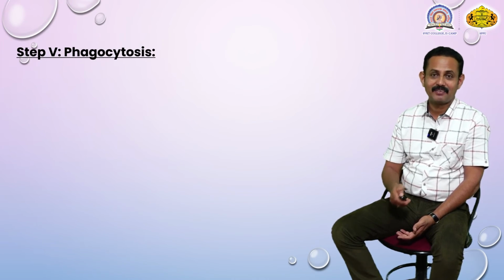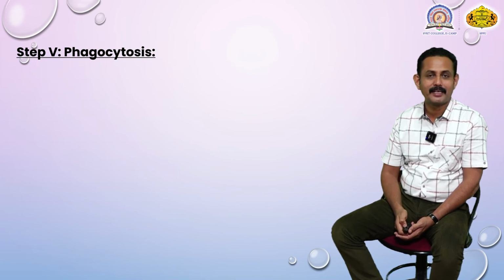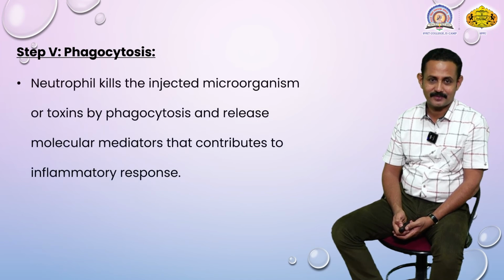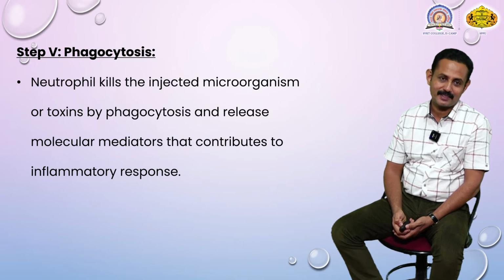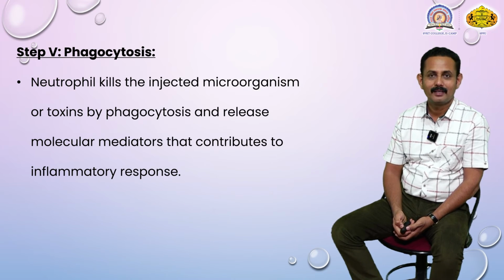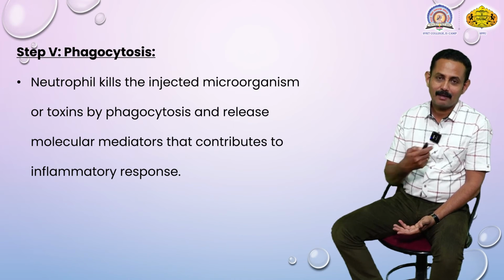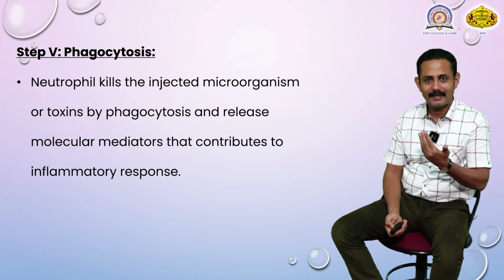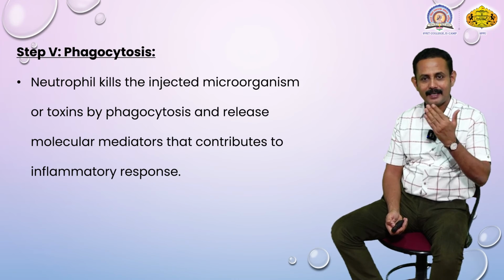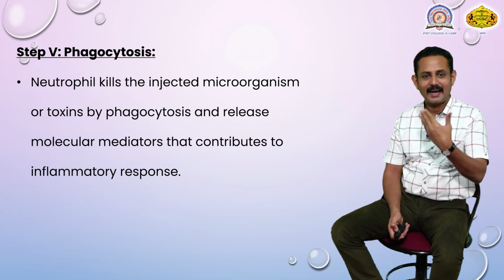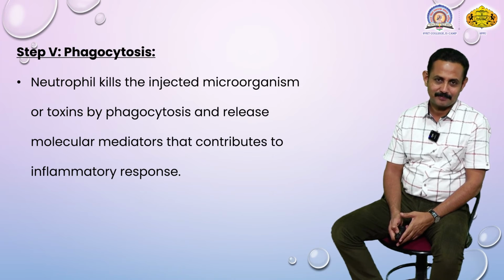And after that, when they enter the endothelium layer, what happens? The next step takes place, that is called phagocytosis. The mechanism of phagocytosis we have already discussed in our previous session. So neutrophils perform phagocytosis, they form pseudopodia, engulf the microorganism, take it in intracellularly, and in the lysosome different oxygen dependent and independent mechanisms take place, with intracellular digestion of the microorganism.